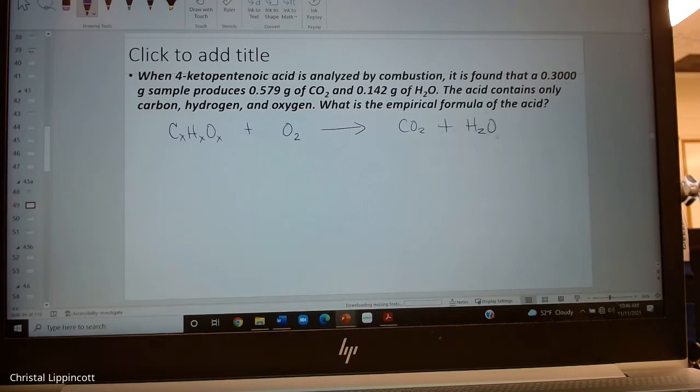Okay, and I'm just going to keep track of everything. I'm going to put underneath here my grams. So this is 0.3000 grams. My carbon dioxide ended up with 0.579 grams. And here I ended up with 0.142 grams. Okay, everybody cool with that?